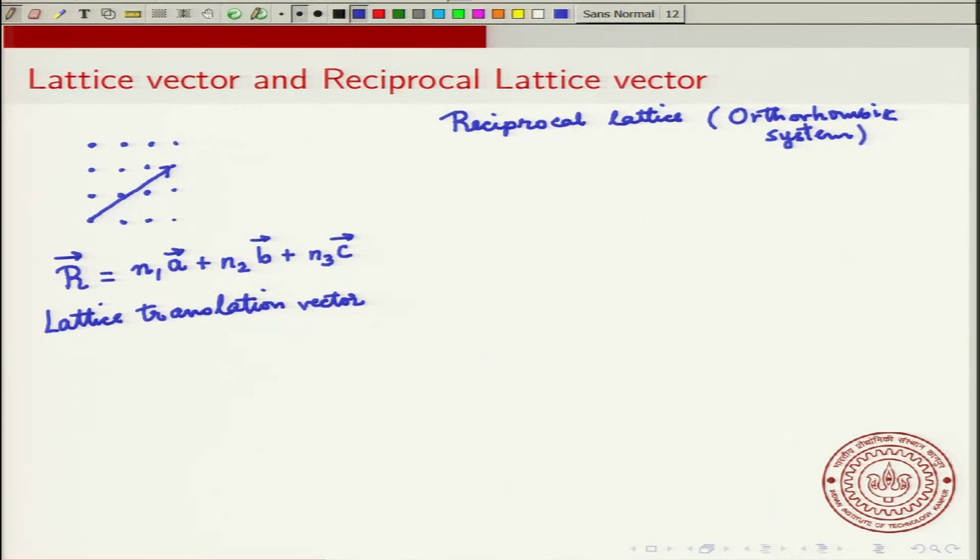Again, for simplicity, we will just consider the orthorhombic system, so in other words, alpha equal to beta equal to gamma equal to 90 degrees. So now imagine a lattice, and let me also consider a primitive lattice.